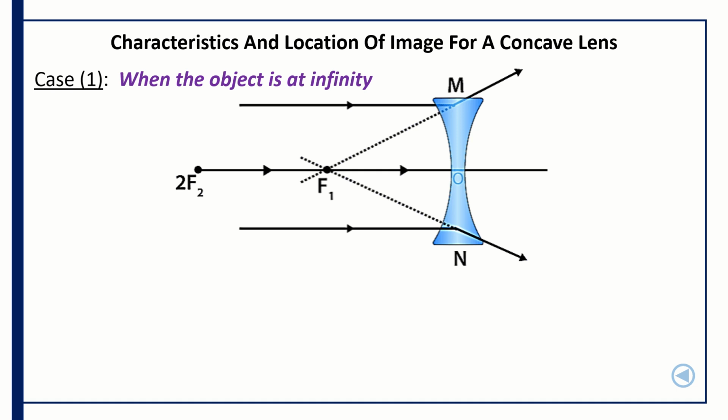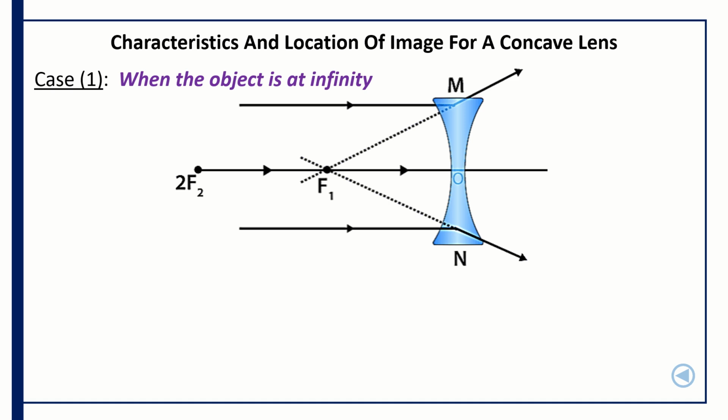We saw in the case of the sun, when the sun is sending rays of light, the rays falling on the lens are parallel to the principal axis of that lens. So the rays of light are falling parallel to the principal axis, and they get diverged.